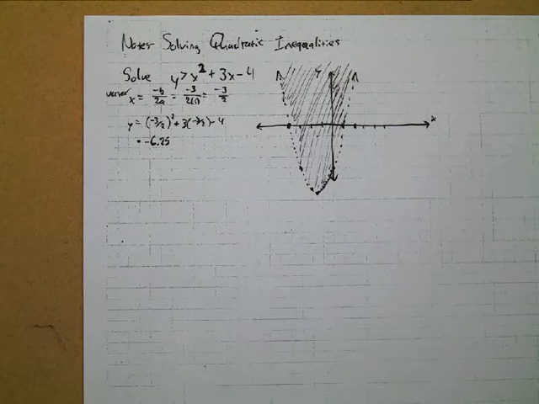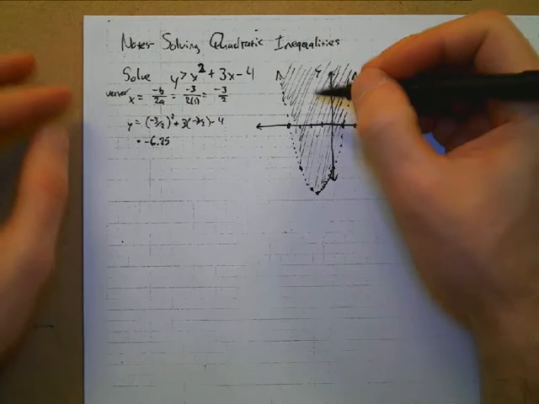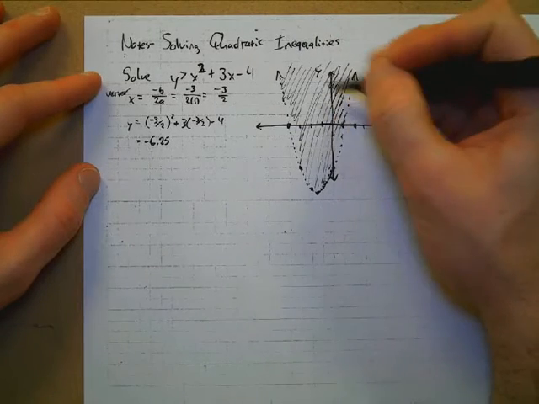Okay. If you're ever unsure about where you're supposed to shade, so like let's say you get to this and you're like, that doesn't make a whole lot of sense to me, Mr. Whitmire. Another option is you can pick a point. Pick a point that's inside the parabola here. So for example, point 0, 0 is in the parabola.